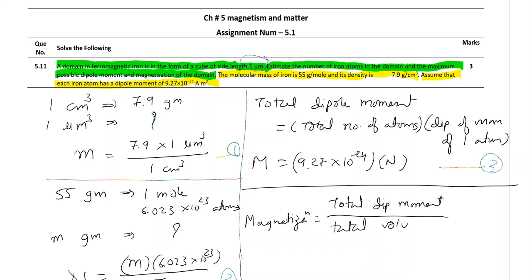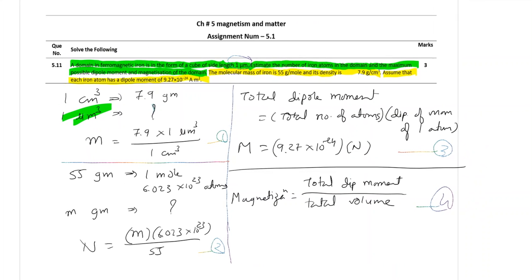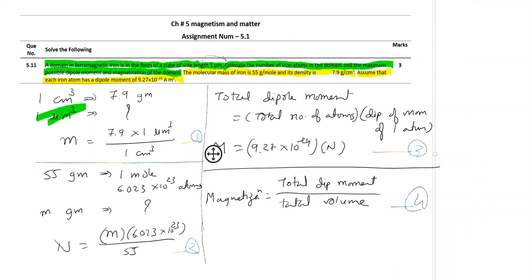What is the total dipole moment? What we calculated in result 3. What is the total volume? Total volume is 1 micrometer cube. Convert it into meter cube. So substitute values, and result 4 will give you the magnetization of the given cube of iron. That is all for this illustration. Thank you.